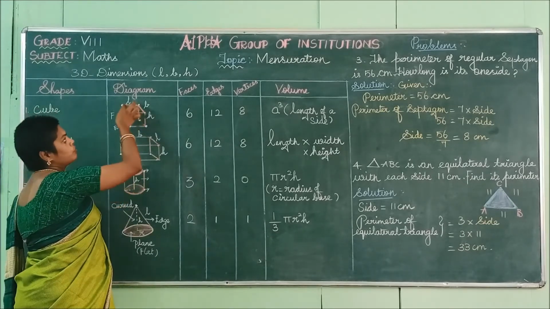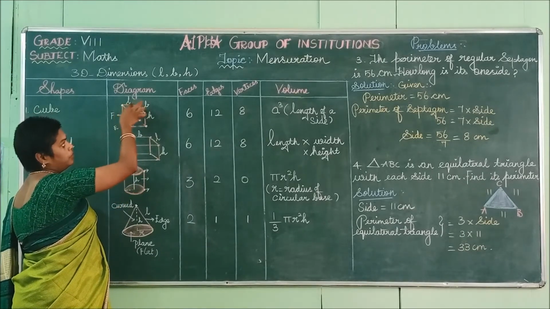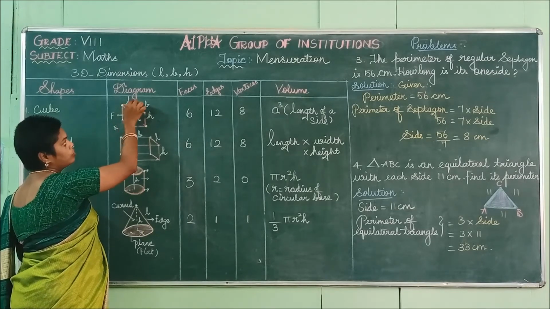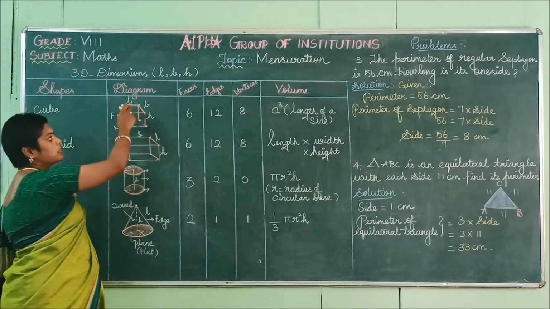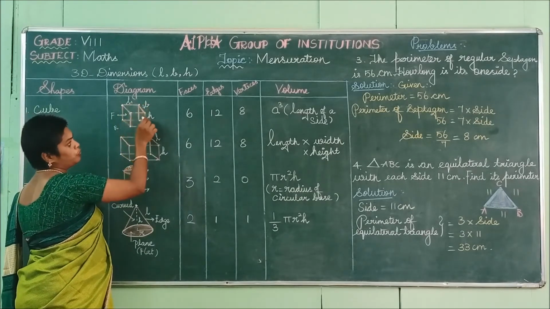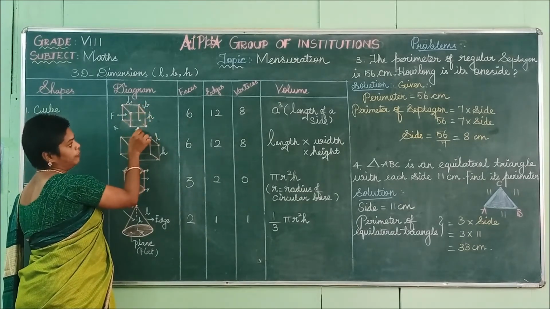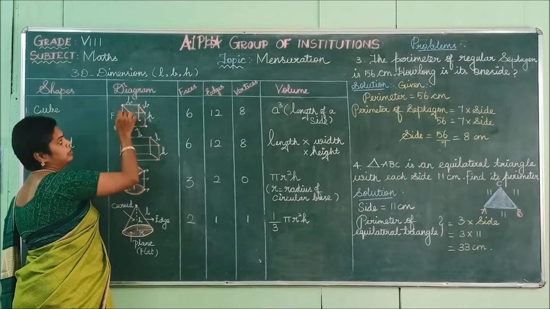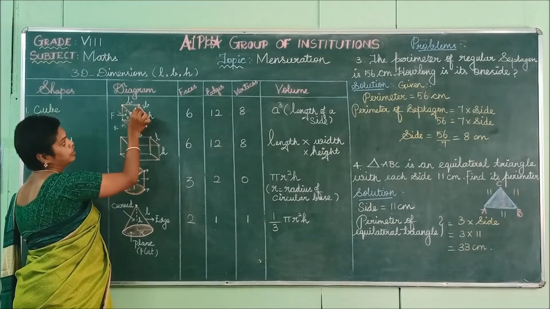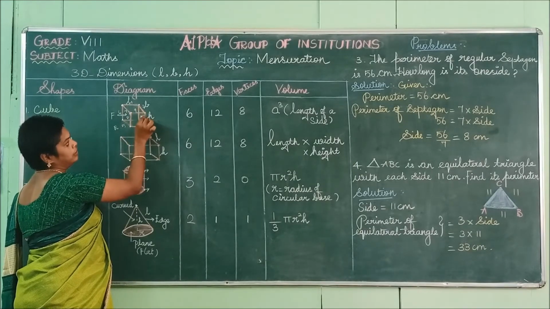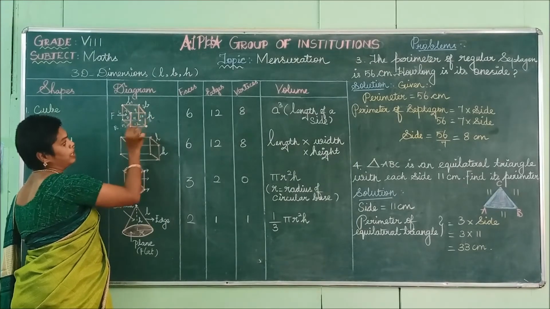So listen. Here the line is called an edge. Where two faces meet is one edge. That is 1, 2, here 3, here 4, 5, 6, 7, 8, 9, 10, 11, 12.